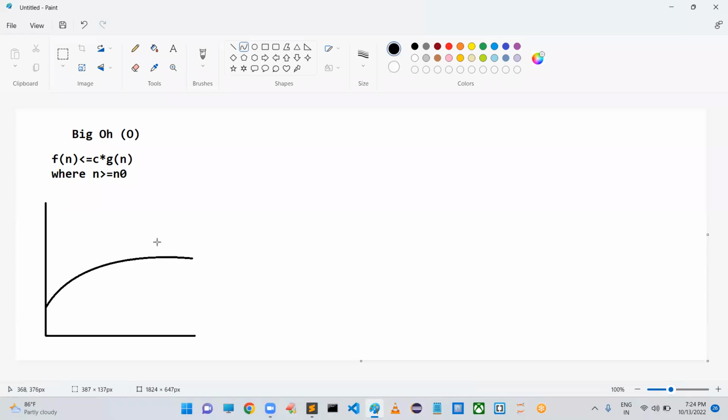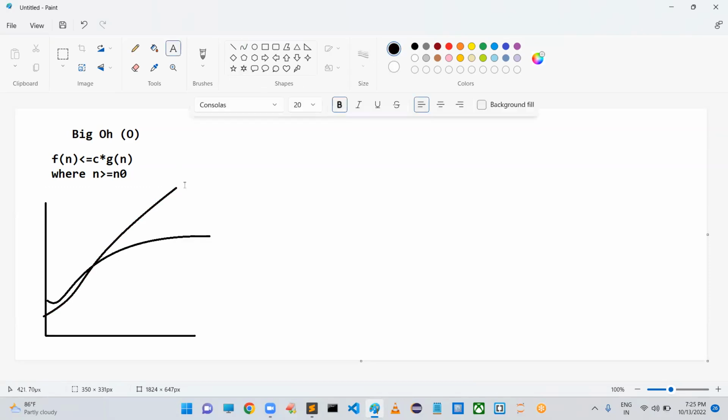This one is the g of n function, and this one is the f of n function.